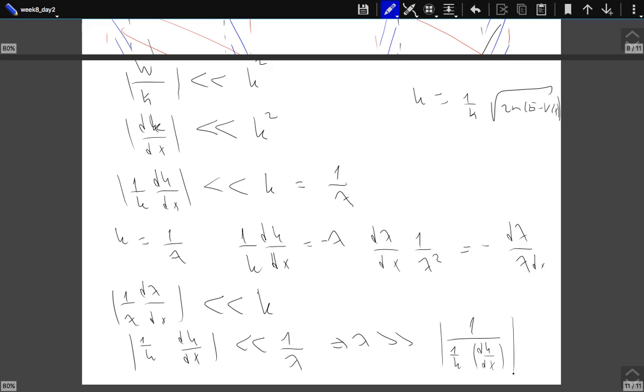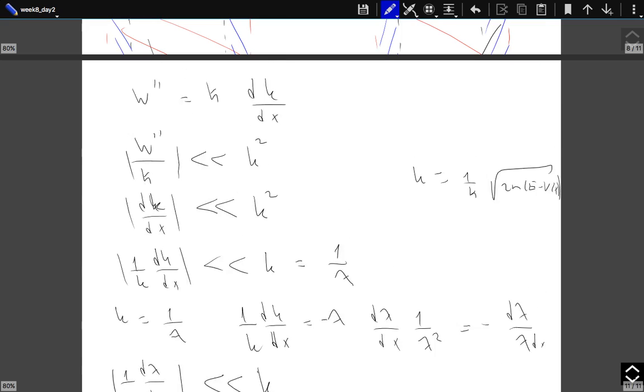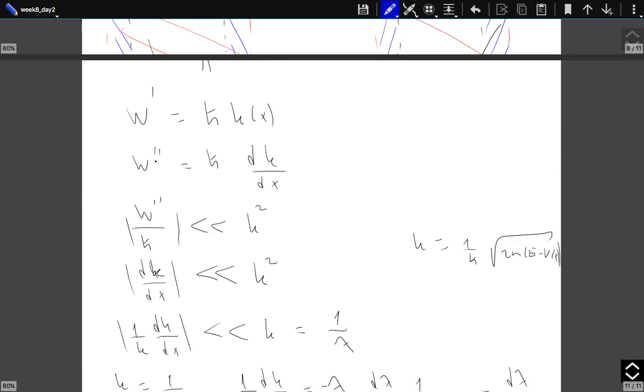So the wavelength of our state should be such that the potential doesn't change much over a single wavelength. The potential should be changing smoothly such that it doesn't change significantly over one wavelength. So this is basically what our condition, that omega double prime should be much less than k squared, tells us.